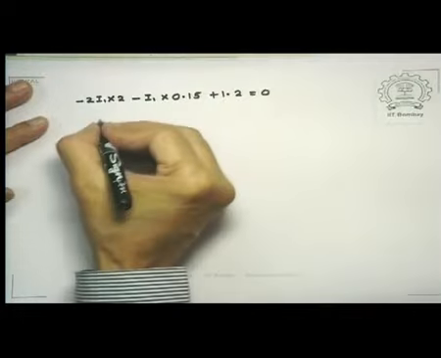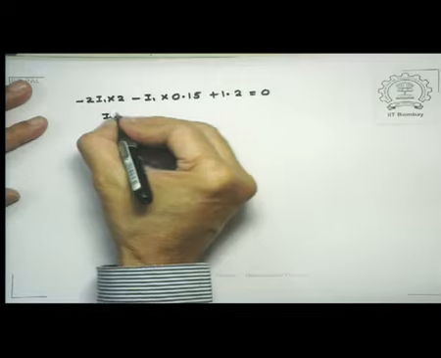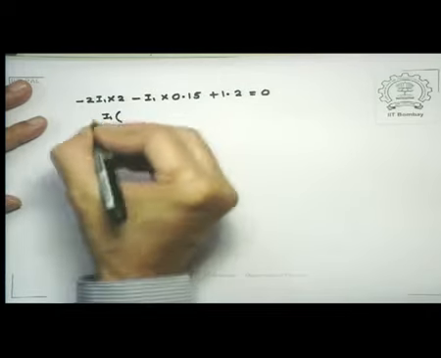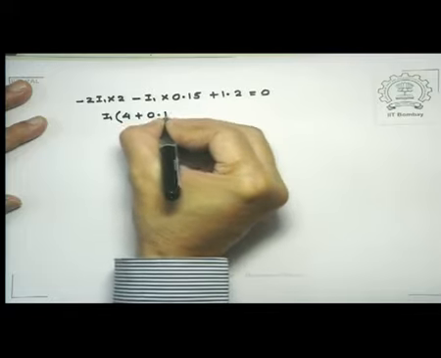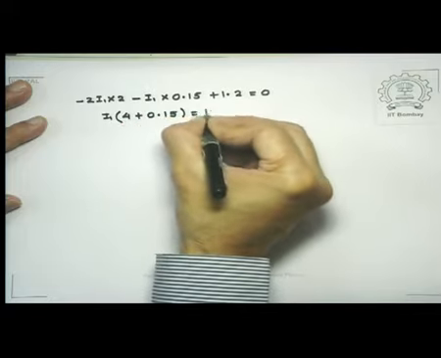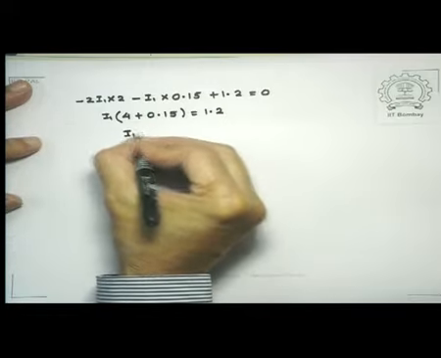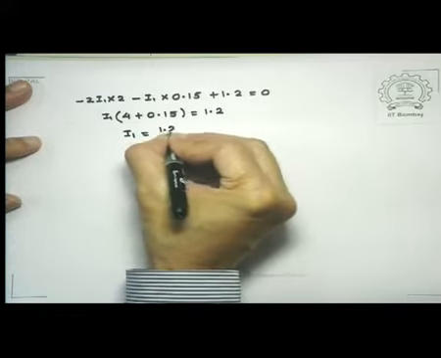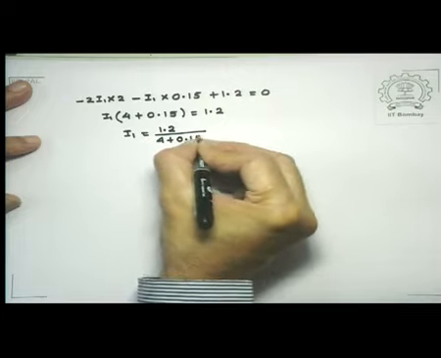Now I will not be doing the algebraic addition for a particular reason. Let us write it as I1 times 4 plus 0.15 equal to 1.2, which gives the current I1 to be 1.2 divided by 4 plus 0.15 amperes approximately.